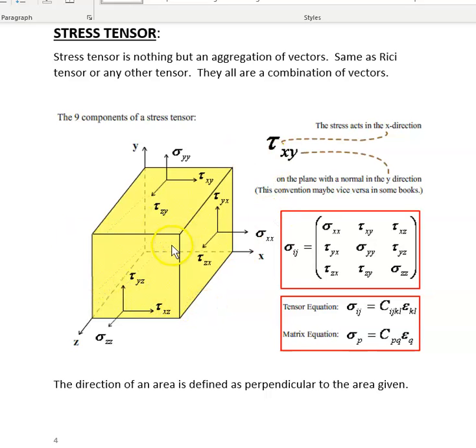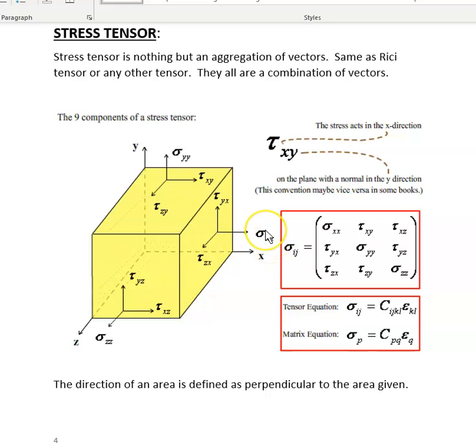So in here you have sigma zz. First z is the direction, and the second z is the area that it's acting upon. Area is this one here, and that area is given by the perpendicular to that particular area, that will be z. And here this is xx.